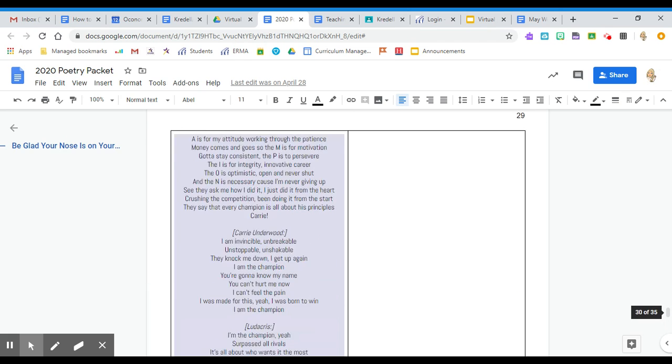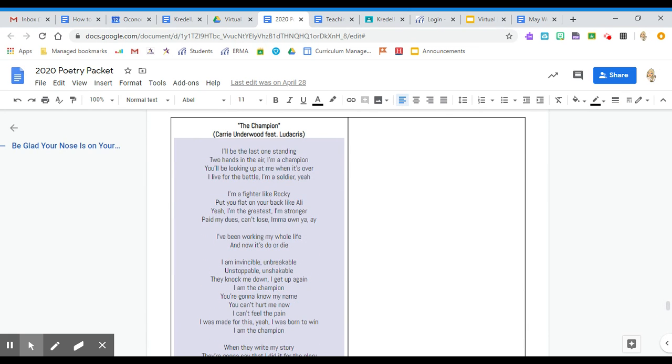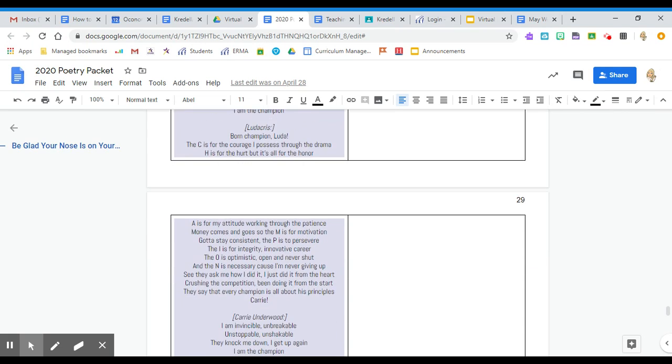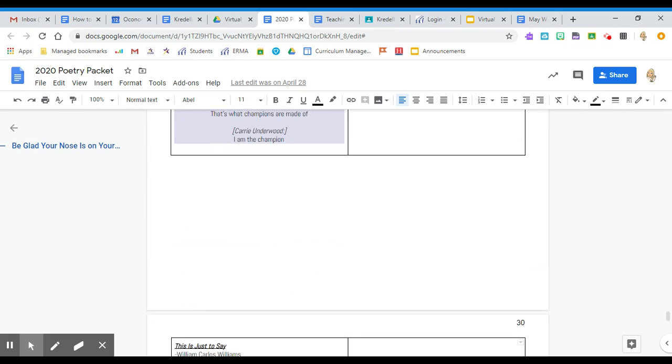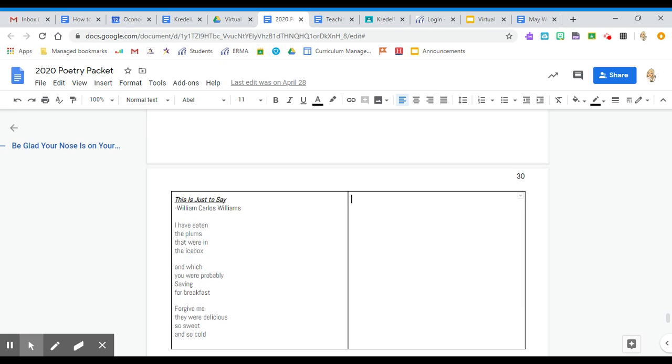If you're doing a longer one, like this song by Carrie Underwood, "The Champion," maybe you're grouping them, right? What do these two stanzas mean? What does the chorus mean? And just taking a couple of notes as you read through it. But so, no task for today. Your task is simply to read a poem and then annotate in your poetry packet.